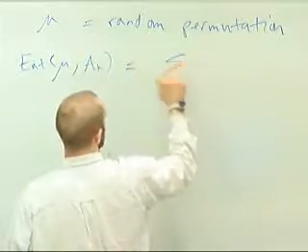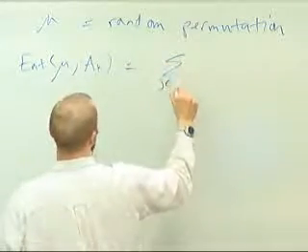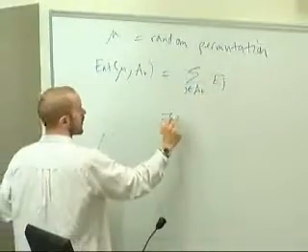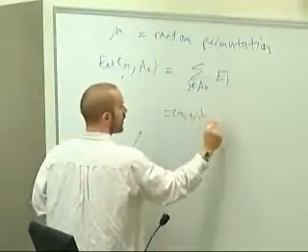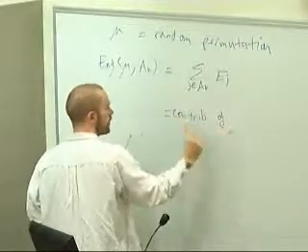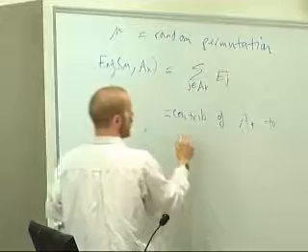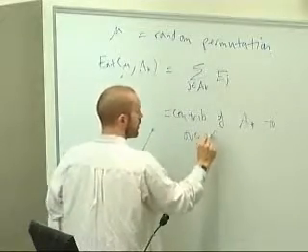So this is the sum over j in A_k of E_j, the contribution of A_k to the overall entropy.